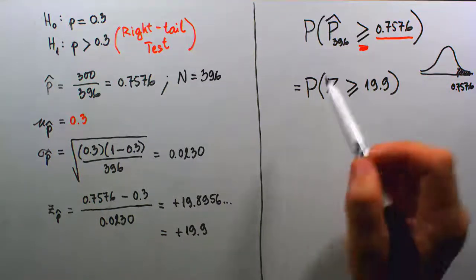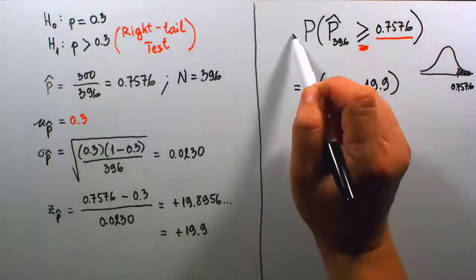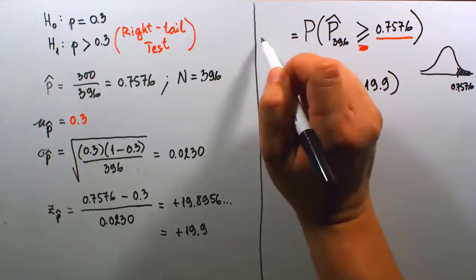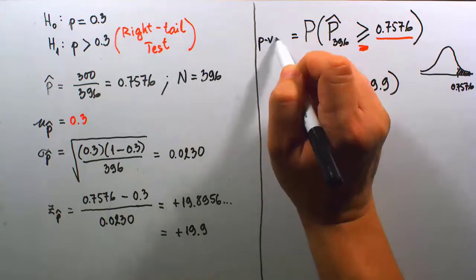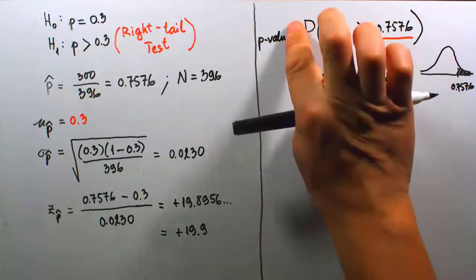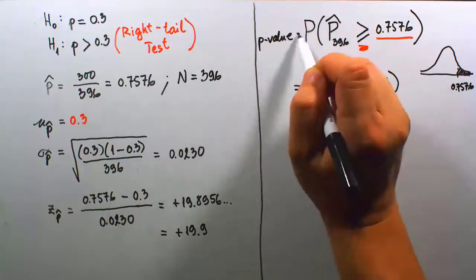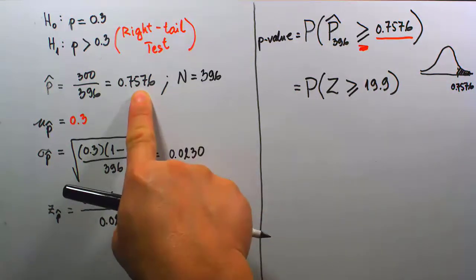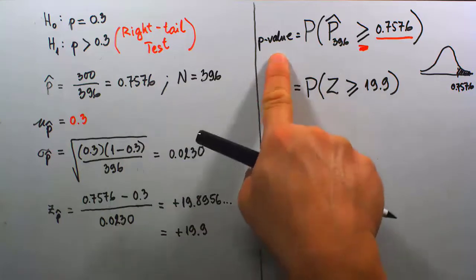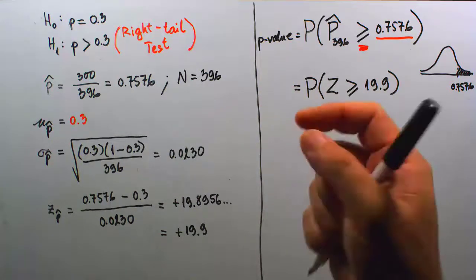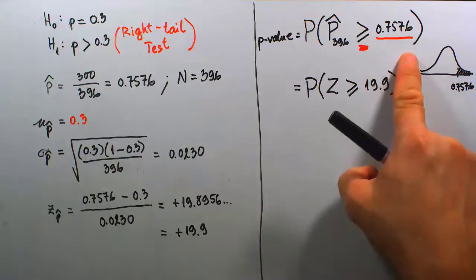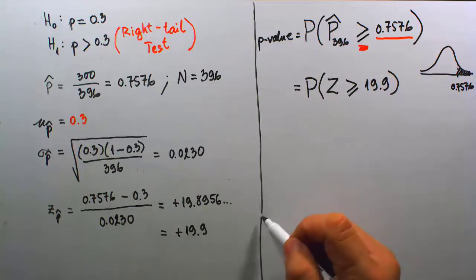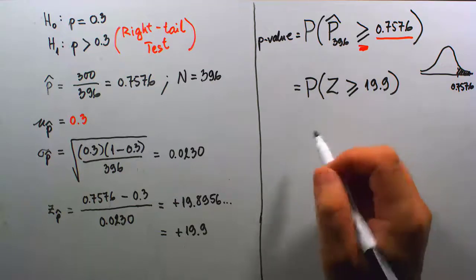And whichever value comes out from this calculation, we refer to as the p-value of our sample. So any sample that we picked has a p-value, and this is how we calculate the p-value for our sample.